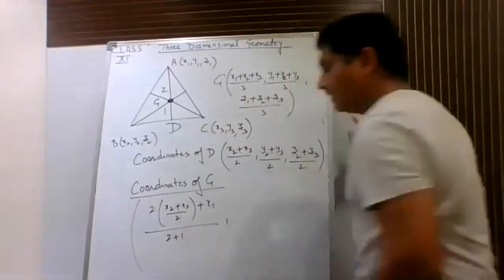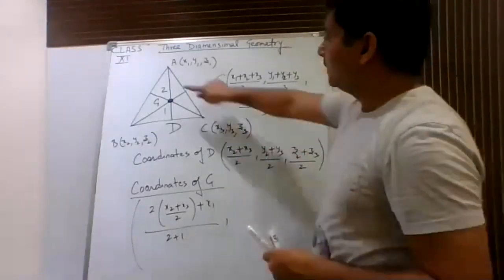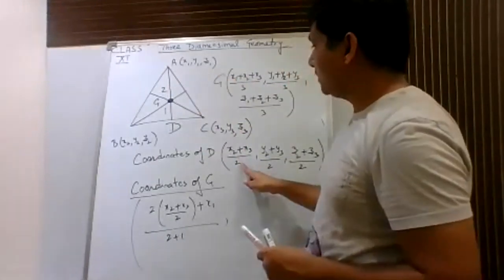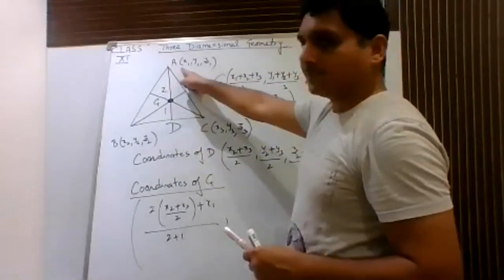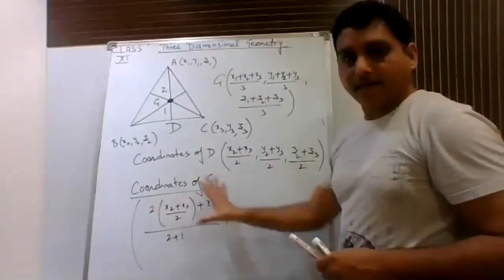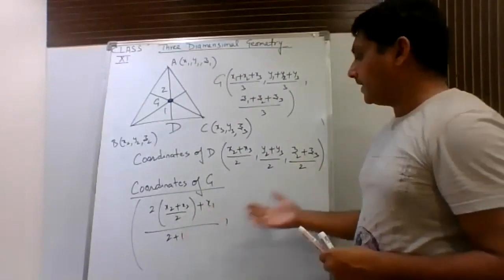I am just applying the section formula with ratio 2:1, so 2 into this expression plus 1 into this expression, divided by 2 plus 1. This is what I have done for the x coordinates. Similarly, you have to do it for the y and z coordinates.